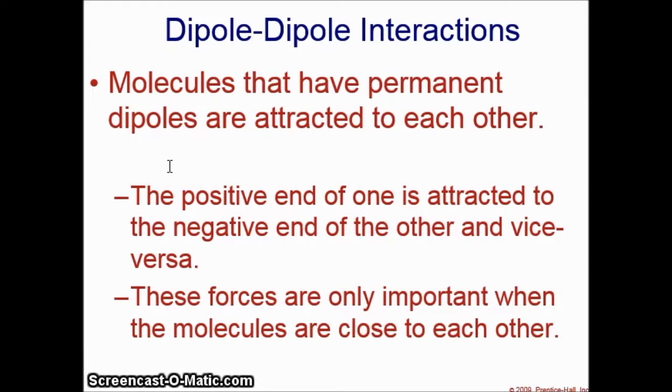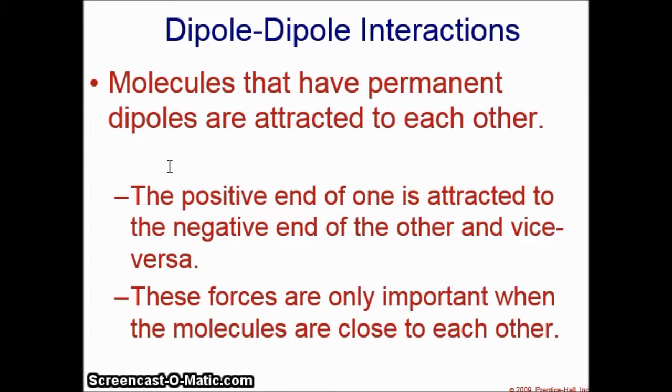A polar molecule is caused because one side of the molecule is more electronegative than the other atom and has more of the electrons on its particular side, causing a slightly negative charge on that side and a slightly positive charge on the other side of that molecule. Even though the overall charge is neutral, meaning that we have the same number of protons as electrons, where they are placed in the molecule gives this dipole moment, this polar molecule.